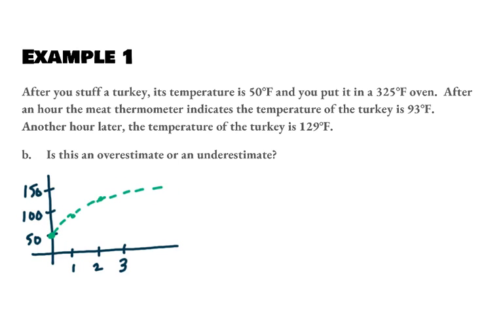So if we were to estimate a line at 3 using 2 as our point of tangency, you can see that that tangent line at 3 would be falling above the curve itself. So in this particular case, we would say that our estimation would be an overestimate.